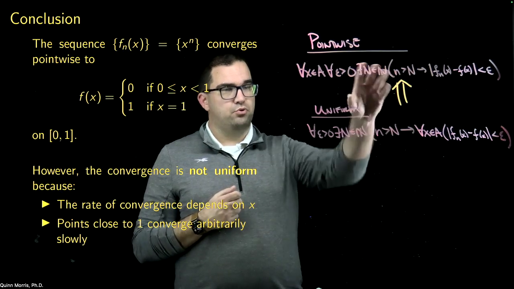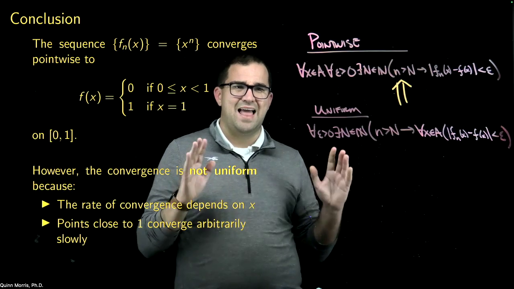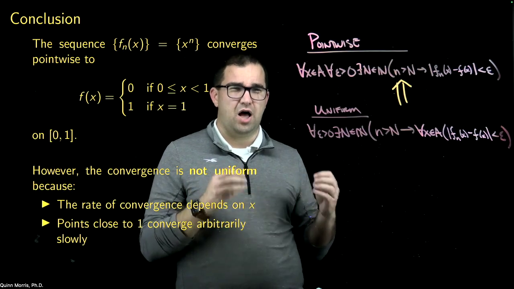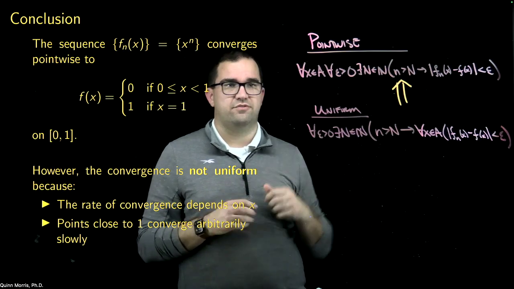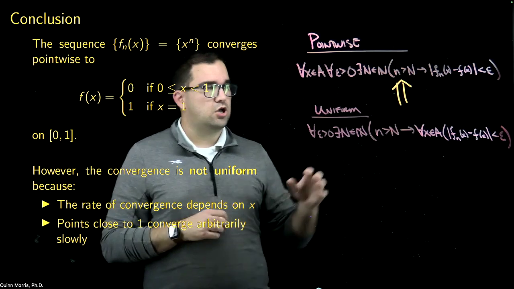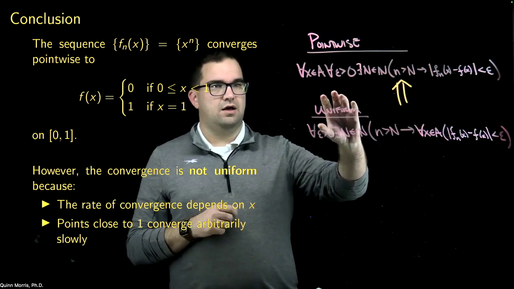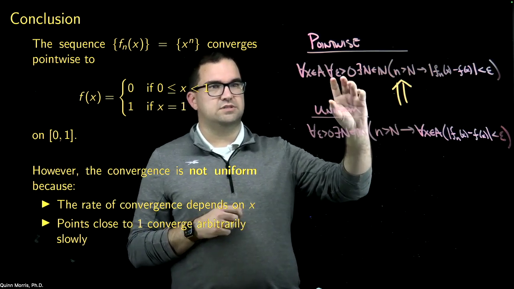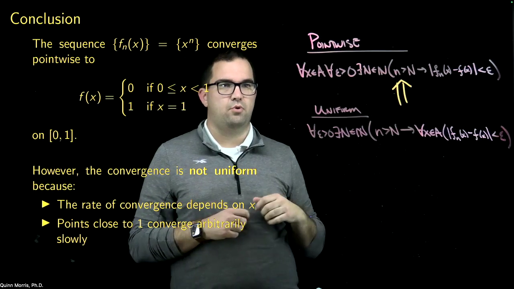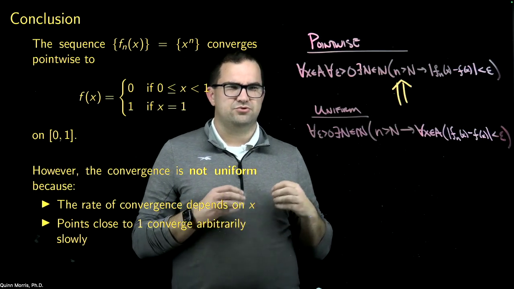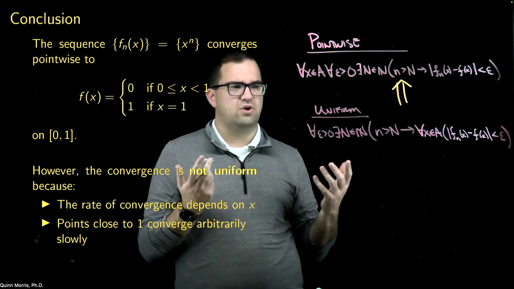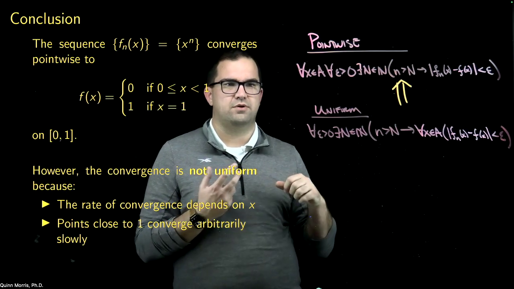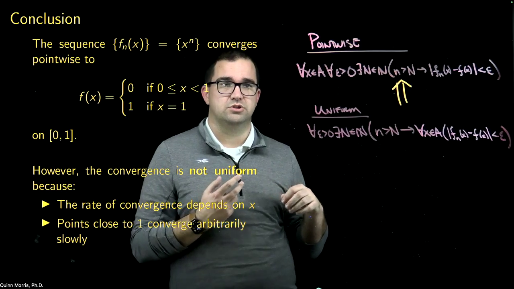And actually, this proof is not an analysis proof at all. It's really just a logic proof. It has to do with the structure of these quantifiers and where they're placed. So the fact that a uniformly convergent sequence of functions is also pointwise convergent, there's really no analysis to it. It's just the way the definitions are structured that forces uniform convergence to imply pointwise convergence.